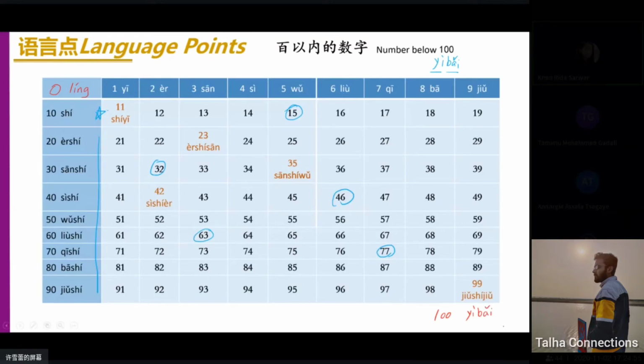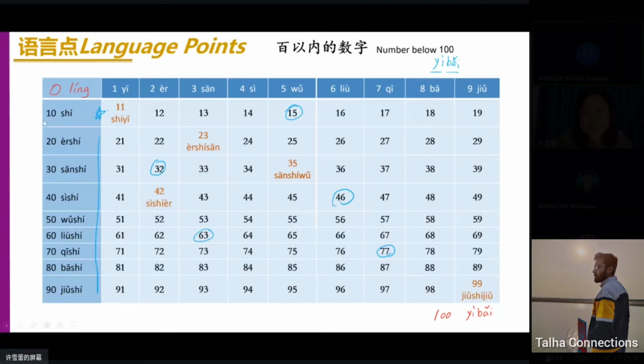One of you asked the question, why 100? He said, I understand the 一 and what is 百? 百 is 100. So can you tell me 200 in Chinese? 200. 500. Yes, that's right.